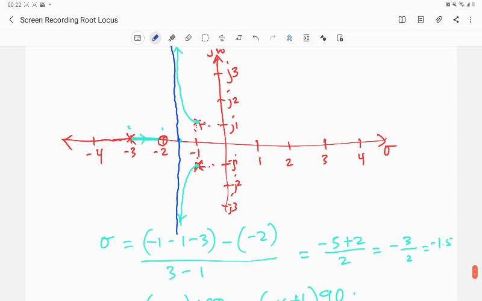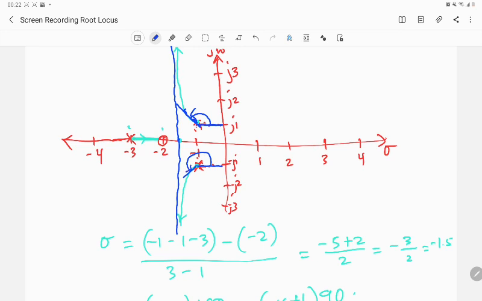So now the question is, what will be the angle of departure? We are interested in this angle, the positive extension. And if we come down here and draw this, we are actually interested in this angle.